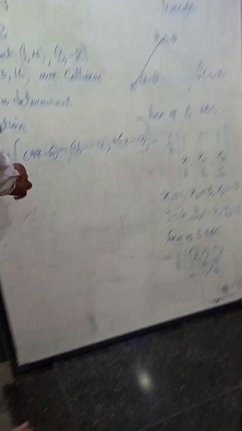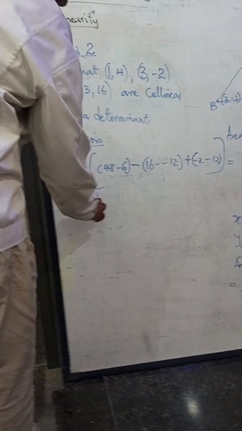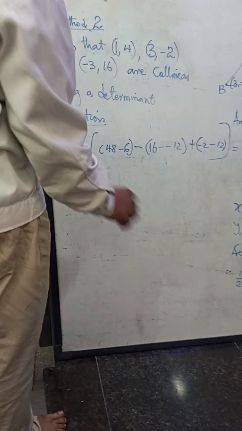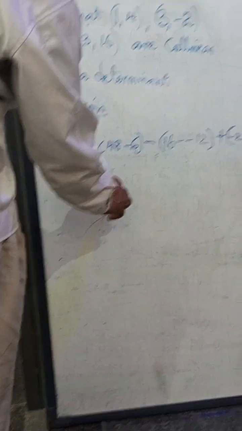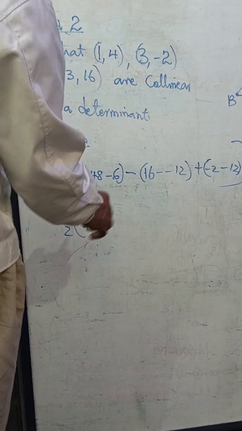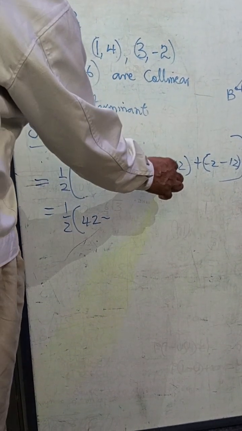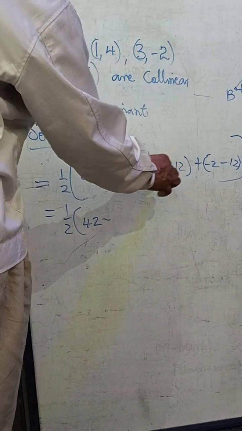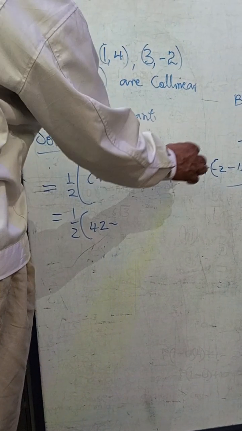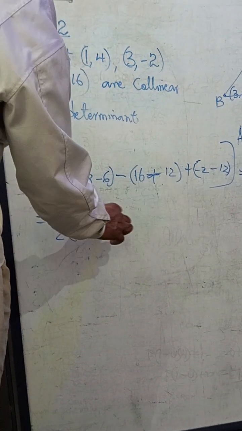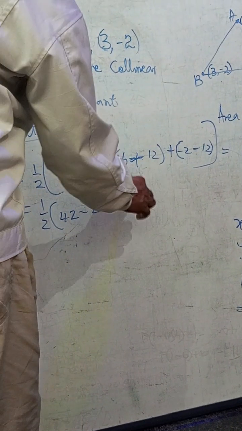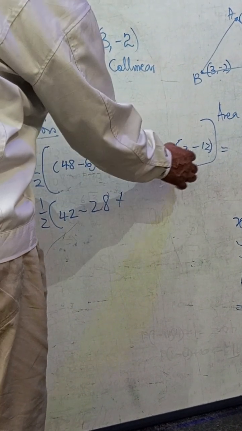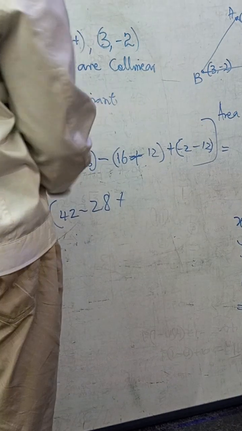So we can now go on with our calculations to confirm whatever you've arrived at in your own, to see how correct you are. 48 minus 6 is 42, and then minus times minus is plus. So this will now become a plus. 16 plus 12 is 28. Then this is a plus, but minus 2 minus 12 is minus 14.